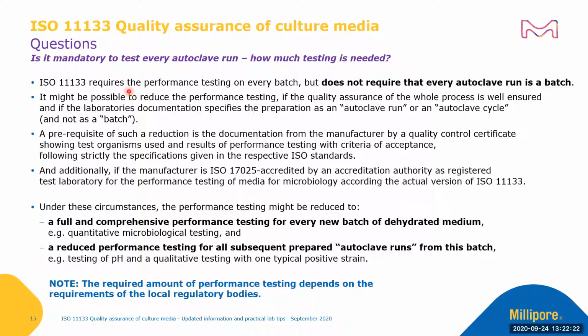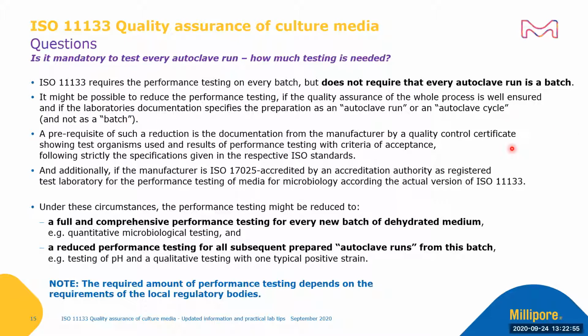ISO 11133 requires a performance testing on every batch, but does not require that every autoclave run is a batch. It might be possible to reduce the performance testing if the quality assurance of the whole process is well ensured, and if the laboratory's documentation specifies the preparation as an autoclave run or an autoclave cycle, for example, and not using, in this case, the word batch.